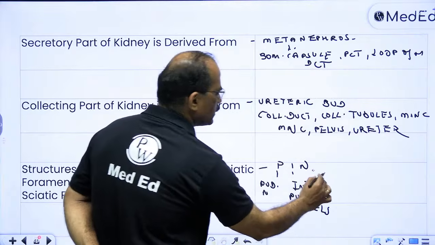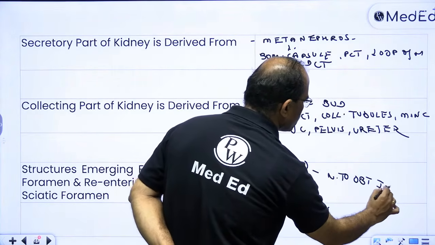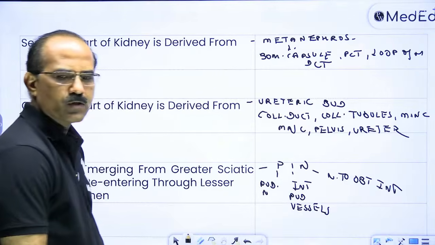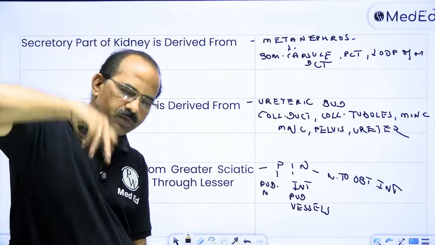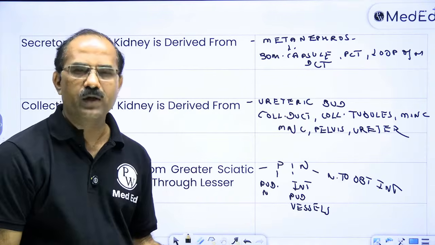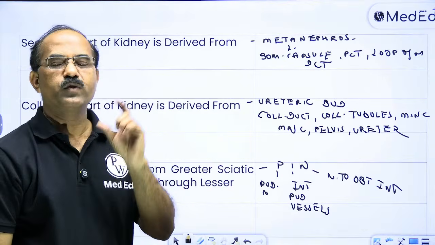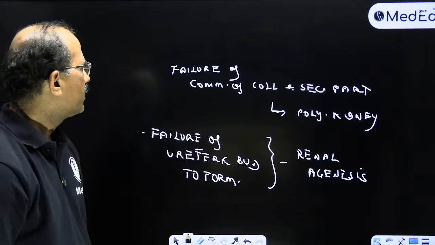And N is nerve to obturator internus. So PIN structures will emerge through the greater sciatic foramen and will re-enter through the lesser sciatic foramen. That's the pudendal nerve, internal pudendal vessels, and the nerve to obturator internus. Fine. ये याद रखना बहुत important है.